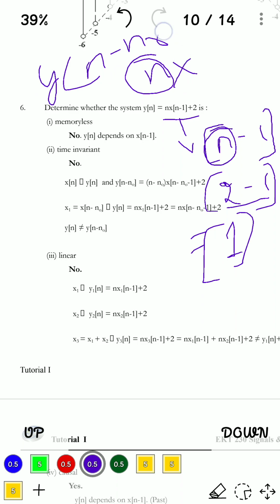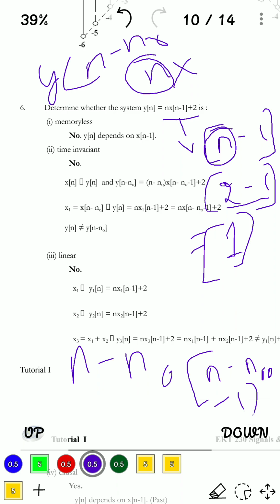So you get n minus n naught into x of n minus n naught minus 1, plus 2. So this is not the same as n x of n minus n naught minus 1 plus 2 at the output. That is why it is a time variant system, right?